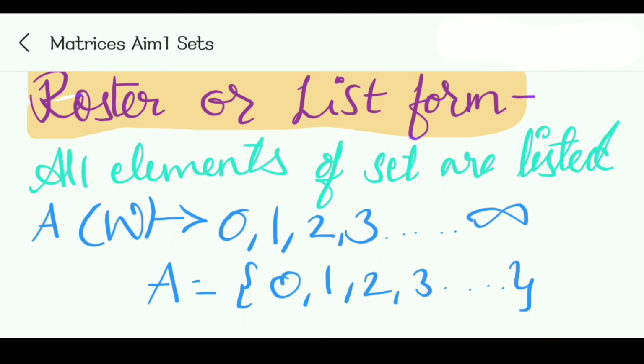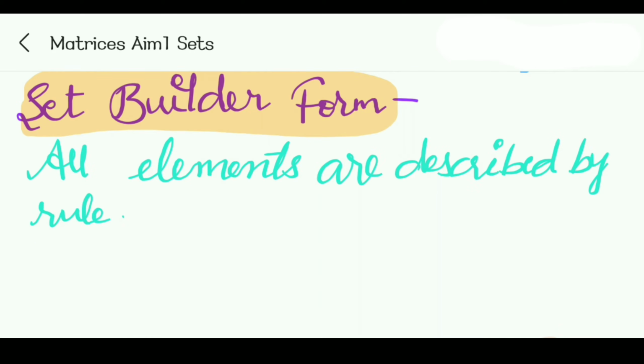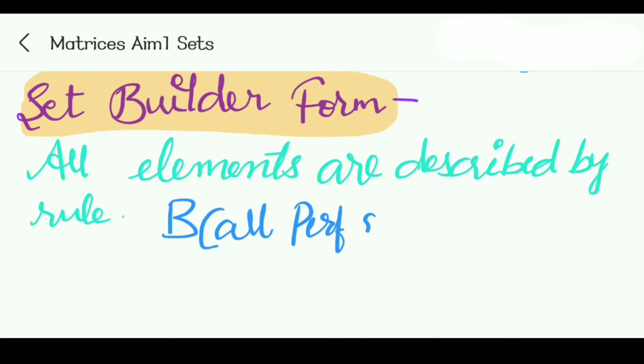Now we shall see the next form of sets, the set builder form. In this form, all the elements are described by a rule, so there is one condition that the set satisfies. Suppose I take B as the set of all perfect squares: 1 square, 2 square, 3 square.